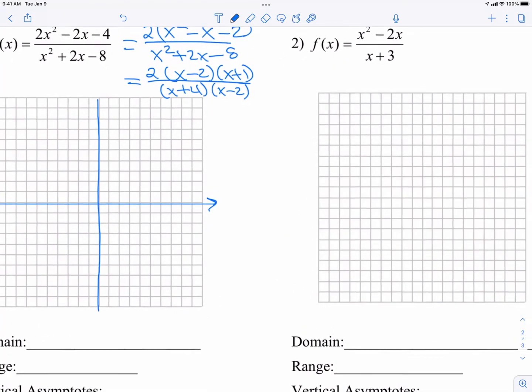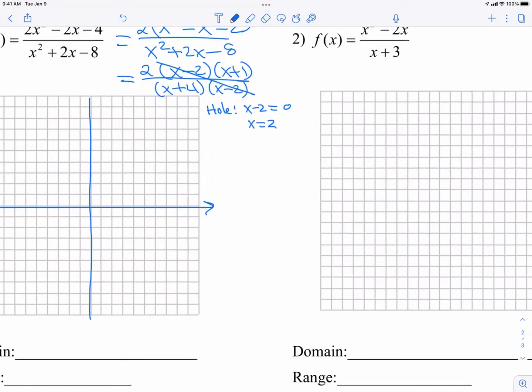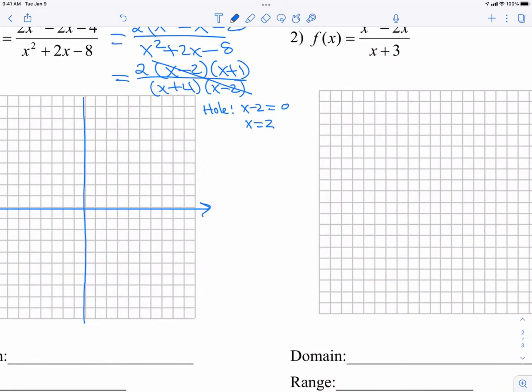Now in the denominator we have the same factor that's also in the numerator, so those two terms are going to end up canceling each other out, and that means that there's going to be a hole, and the hole occurs when x minus 2 is equal to 0, which means when x is 2. Now we plug in x equals 2 to figure out the y value of the hole.